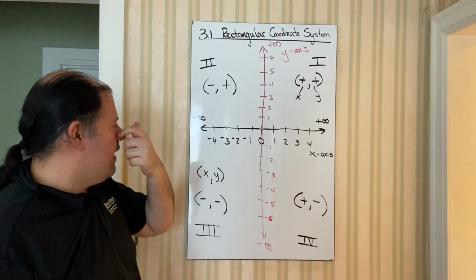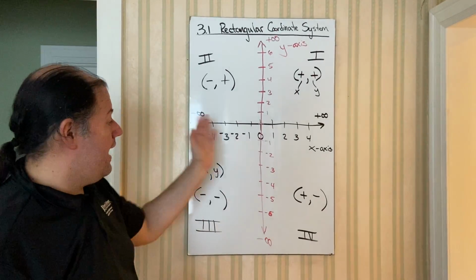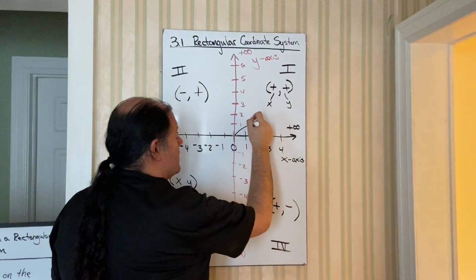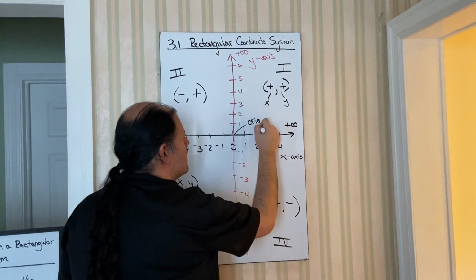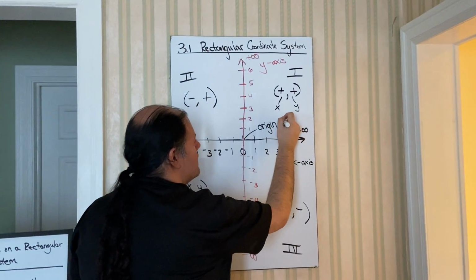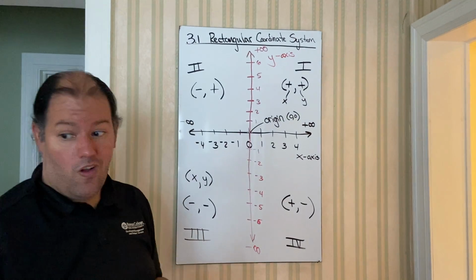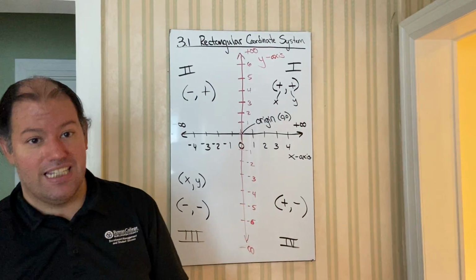Okay? Now, this point in the middle, where the x and the y intersect, that has a special name. This is known as the origin. Right? It has the value 0, 0. If you recall, 0 is not really a positive number, it's not really a negative number.